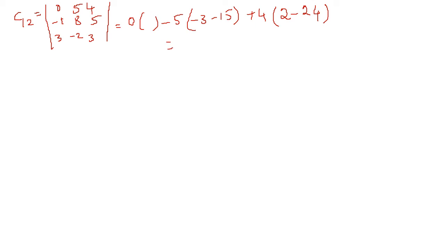So it is equal to 5 into 18 minus 4 into 22. So it is equal to 90 minus 88, which will be equal to 2.